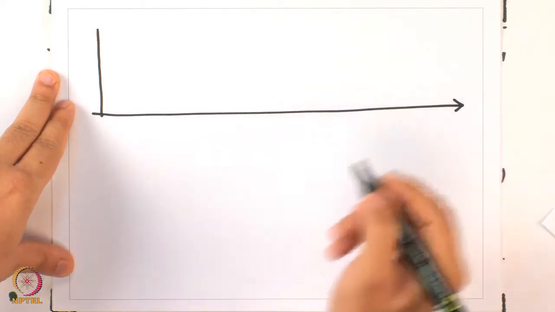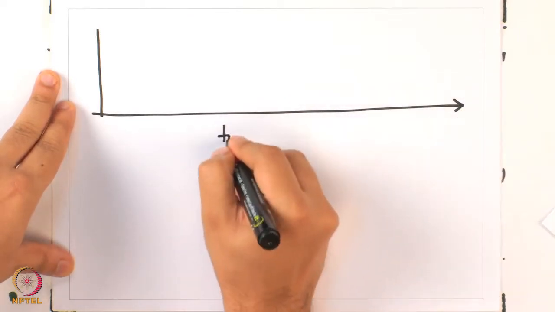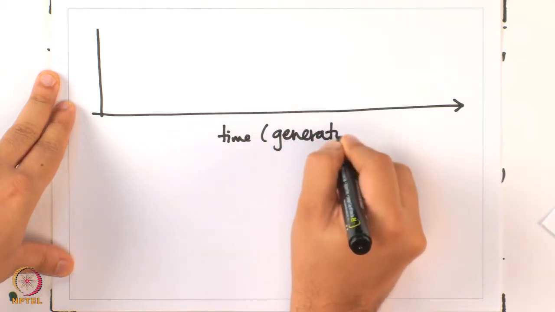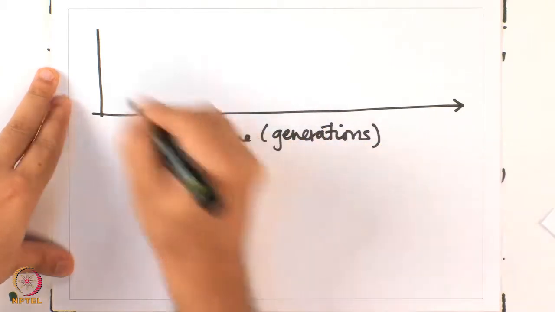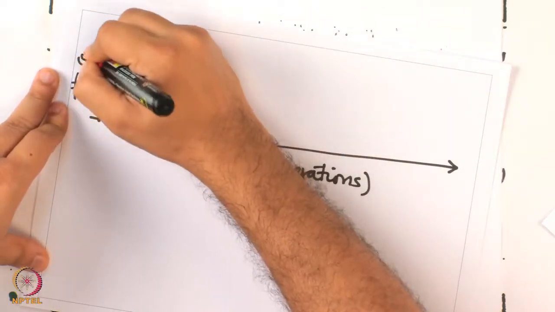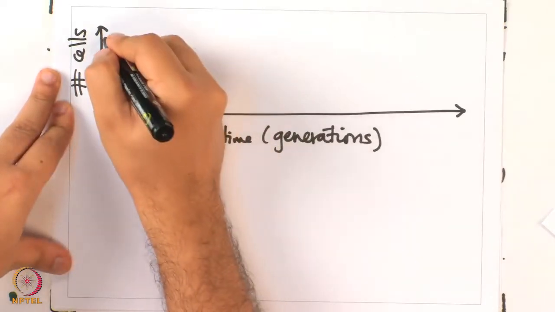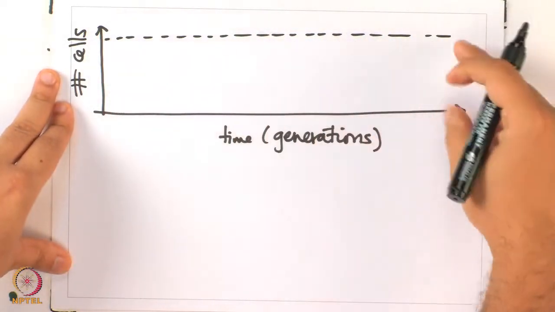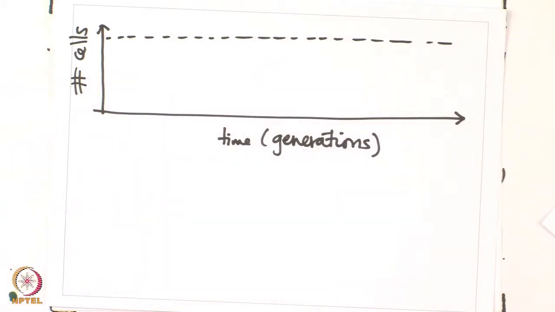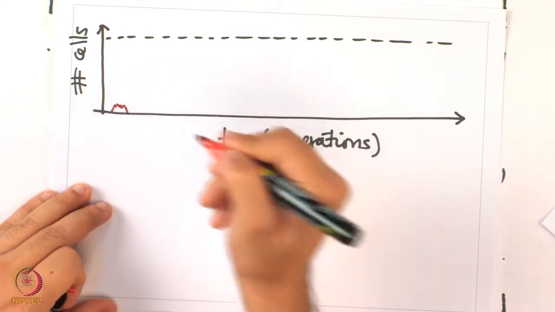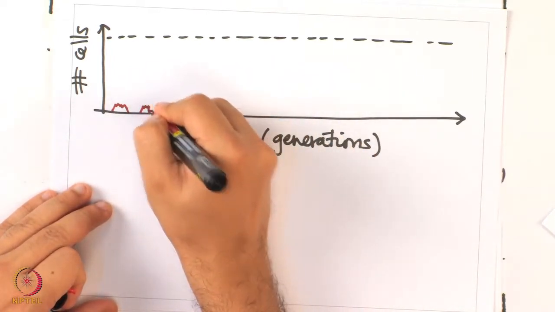On the x axis here, let us imagine this is time, which is again measured in number of generations, and on the y axis is the number of cells, and let us imagine this is n. So, we are only interested in the region in between. And now, from what we have seen, what will happen is that a mutation comes and it goes extinct, another one comes, goes extinct.